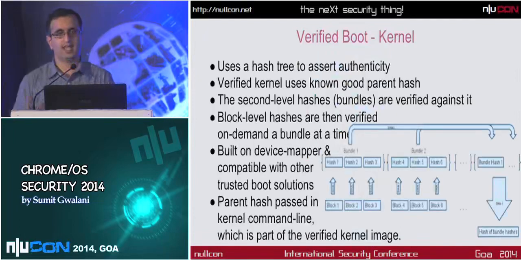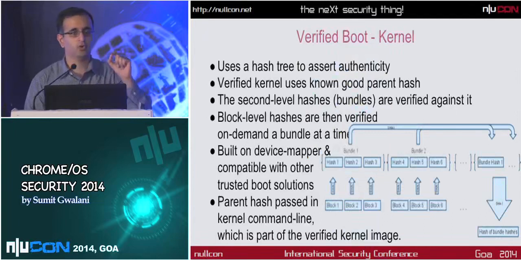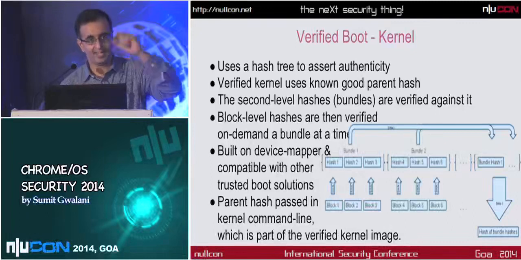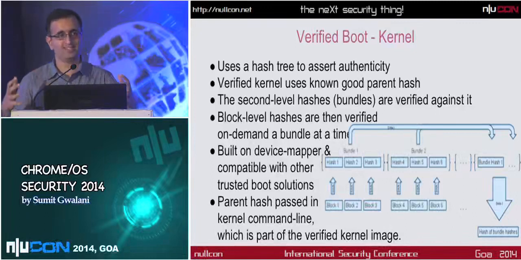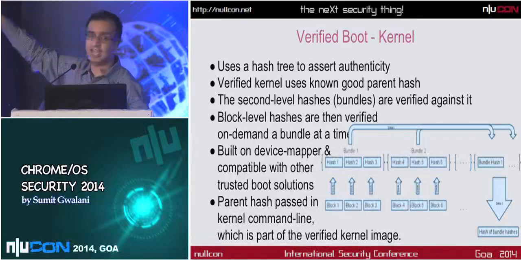So the idea was, it might be okay if we don't check every single bit of the root file system in those first 10 seconds, so long as we can ensure that we check every single bit before it is run or executed the first time. You pass in the kernel command line your parent hash for the root file system, which the kernel can then use to verify a second level of hashes and make a complete hash tree.